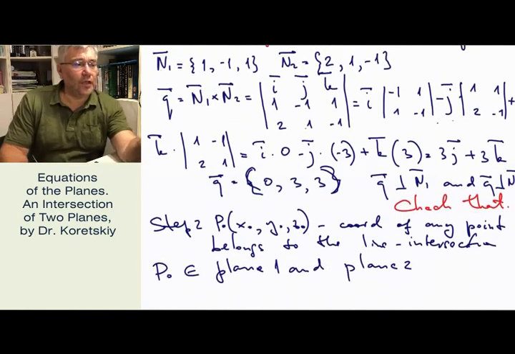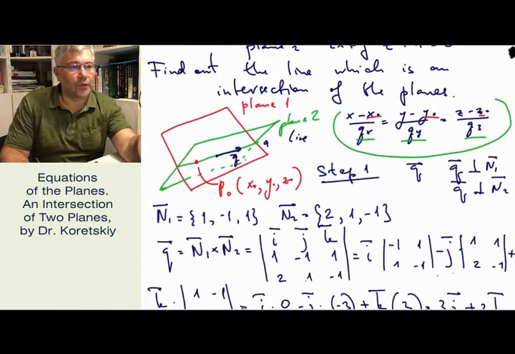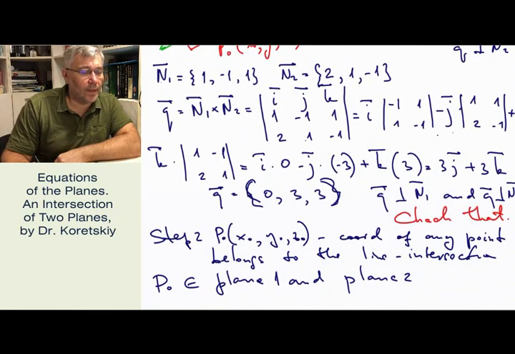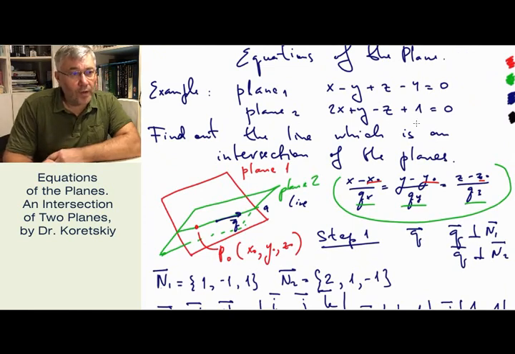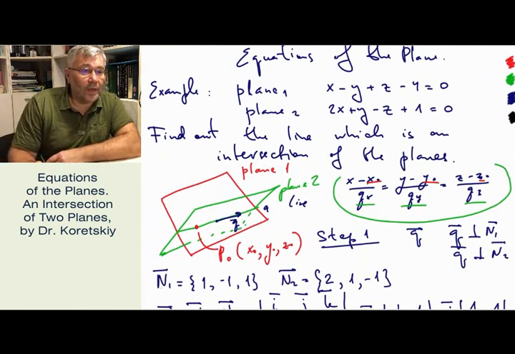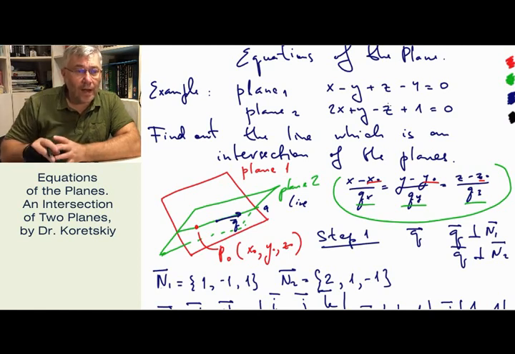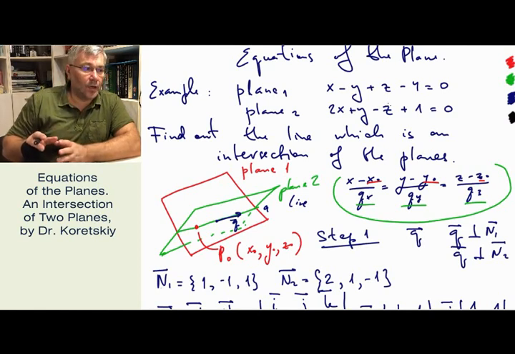So if I take these coordinates and put them into the equations of the planes, they turn both equations into equalities. So if I find the roots of the system of these plane equations, I can find this point P0 which belongs to both of them.